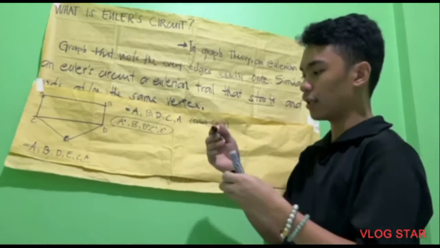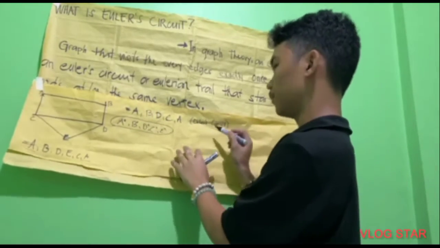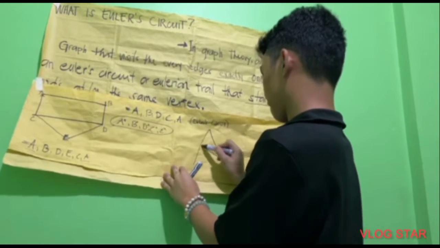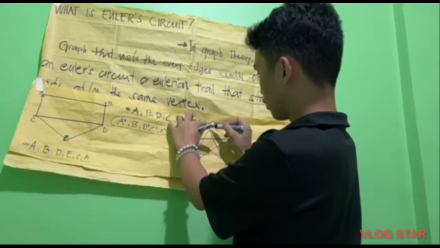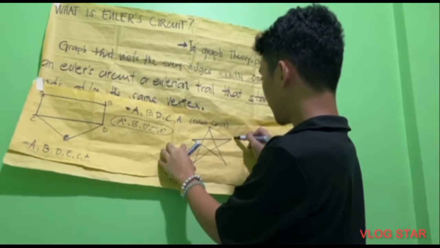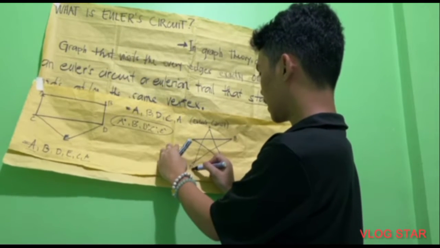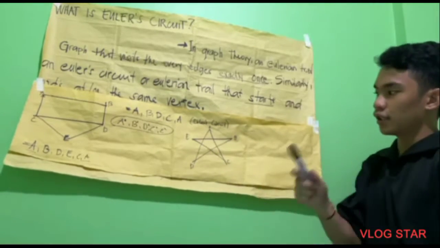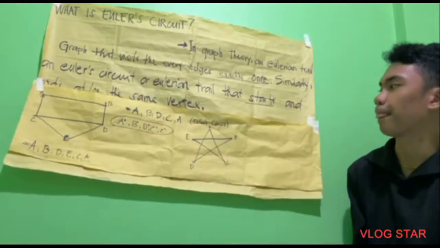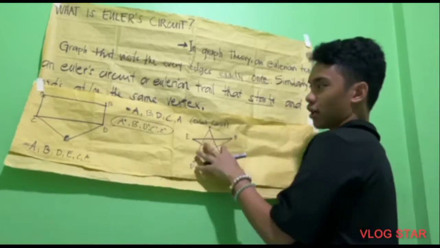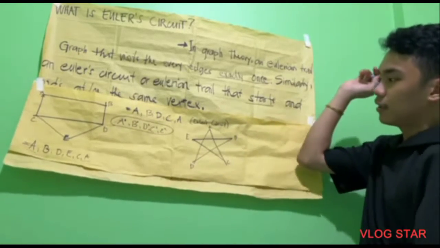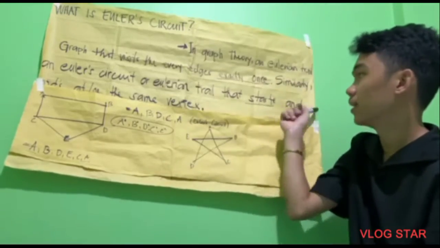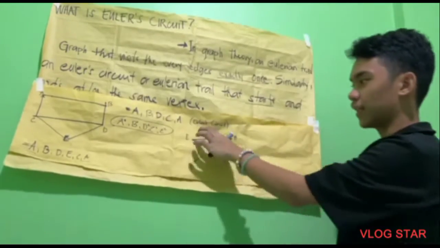For another example, in this shape, we need to draw a star. So we need to put A, B, C, D, and E. In this star, we need to start at a vertex and end on the same vertex.